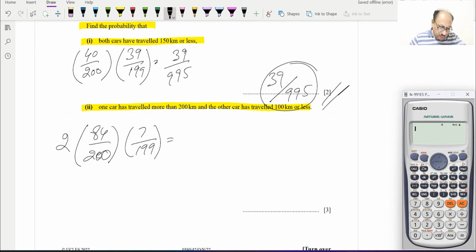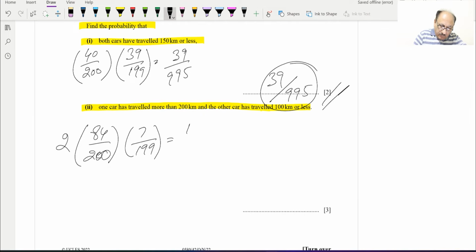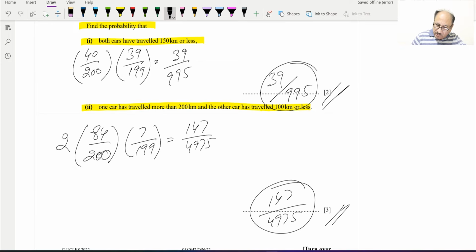So this will be 2 in brackets, 84 over 200, times 7 over 199, which is equal to 147 over 4975. This will be our final answer, and this is for 3 marks.